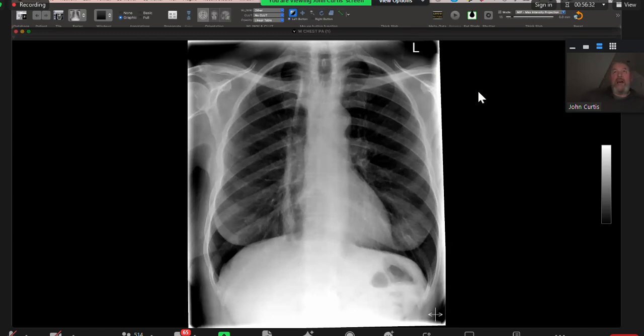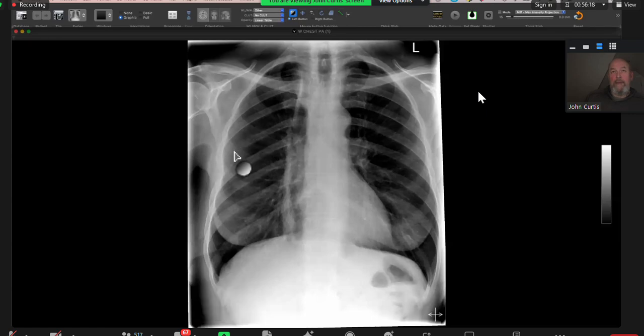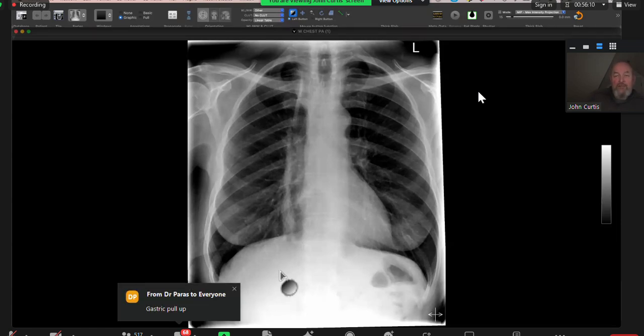Okay, so this looks like an esophagus, but it's rather thick-walled, isn't it? Almost like a stomach. So what's this? How does the stomach get up there? Unless they've had a gastric pull-up.